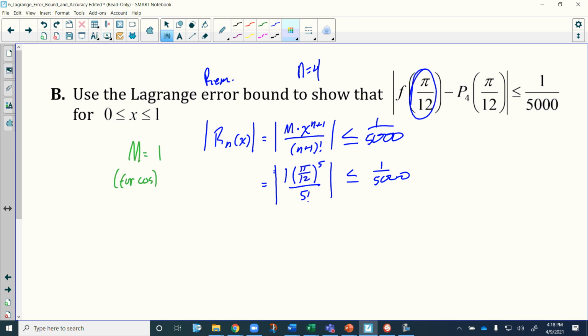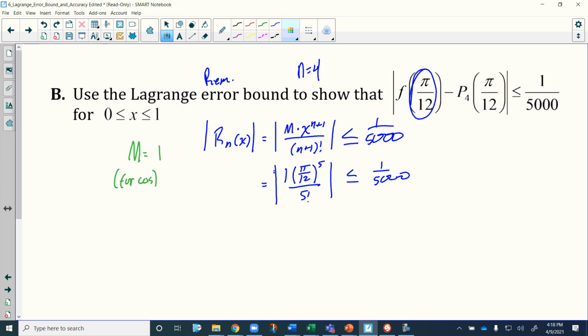Okay, well let's see what we end up with. Here, pi over 12 to the 5th power over 5 factorial. There's no way I'm going to attempt to do that on my own, so we're going straight to a calculator. Pi over 12 to the 5th power divided by 5 factorial.